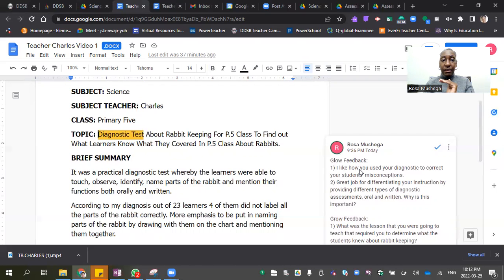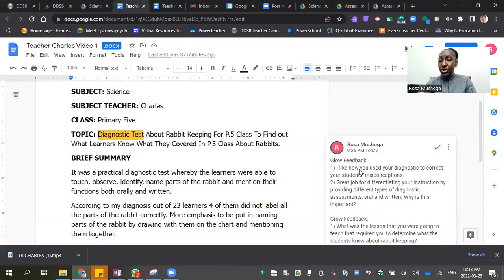But then you mostly focused on the labeling, okay? Identifying parts of a rabbit, mentioning the functions of the parts of a rabbit, okay? Which is okay, but how is it related to rabbit keeping?